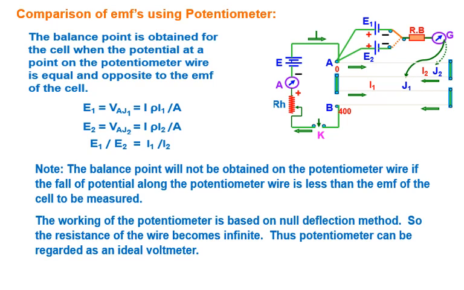If K is the potential gradient along the wire AB, then at null point E1 equals KL1, and similarly by inserting the plug between B and C, the null point is again obtained for the cell E2, and let the balancing length be AJ2, that means L2, and therefore E2 equals KL2. Hence, the ratio E1 by E2 equals L1 by L2.